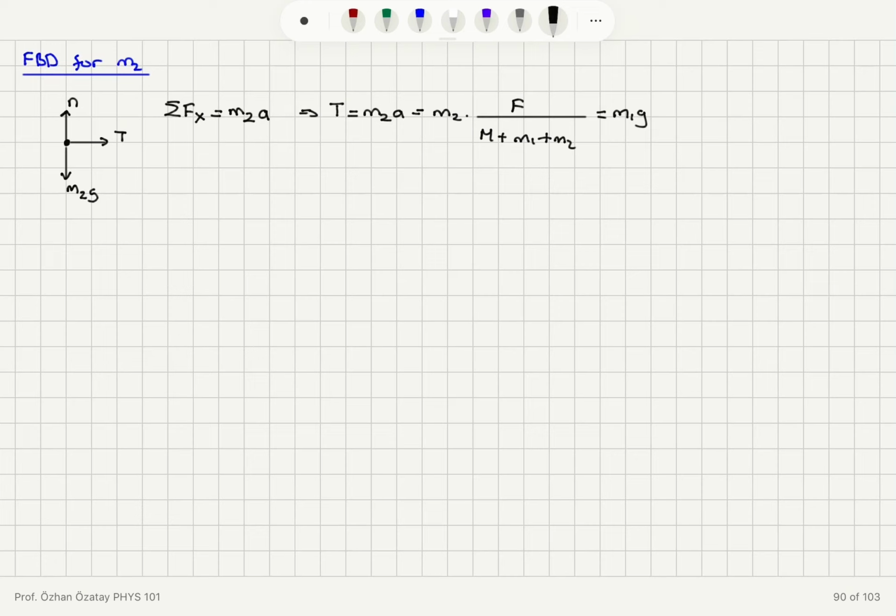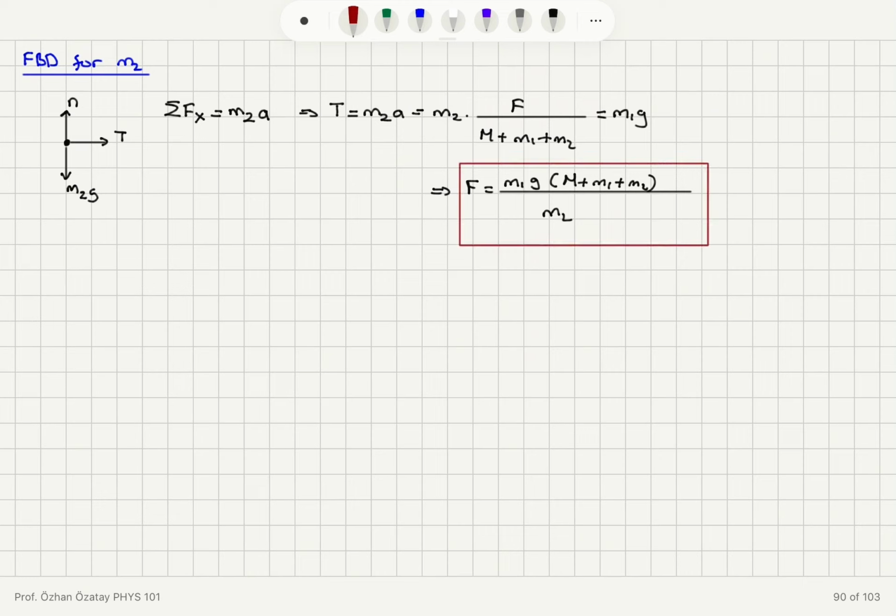So M2 times F over capital M plus M1 plus M2 equals M1G. I can isolate F here. So F can be written as M1G times capital M plus M1 plus M2 divided by M2. This is the horizontal force F we have to apply so that M1 and M2 are stationary.